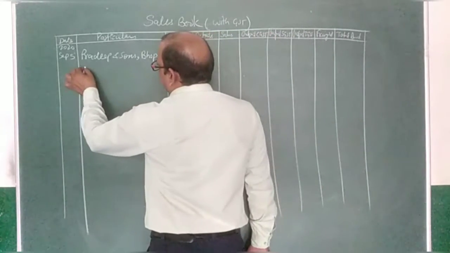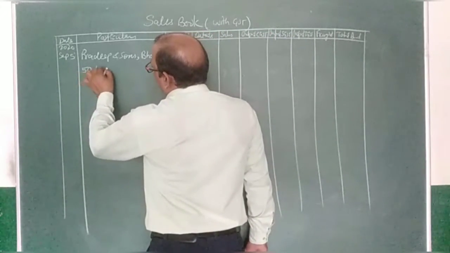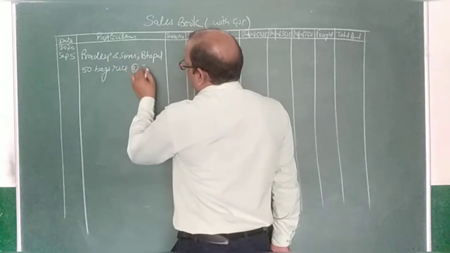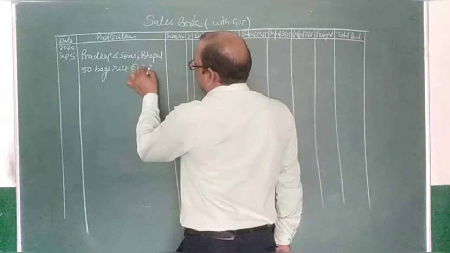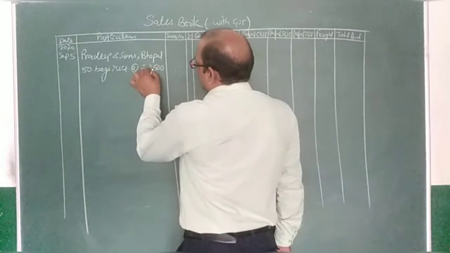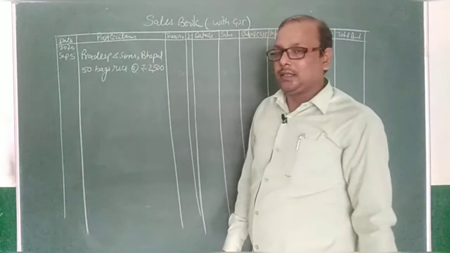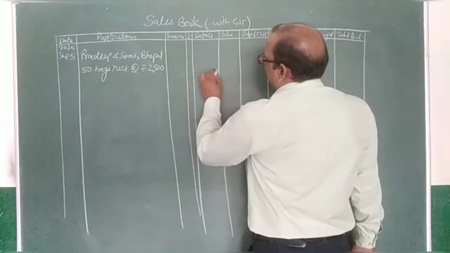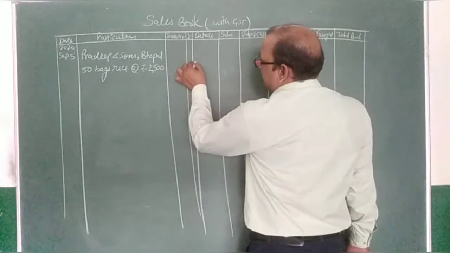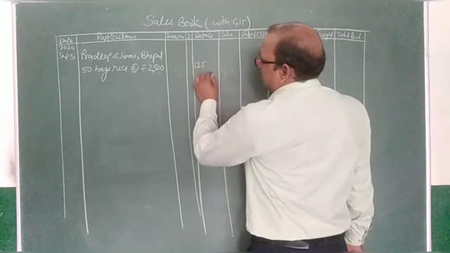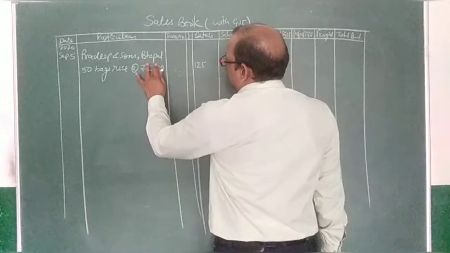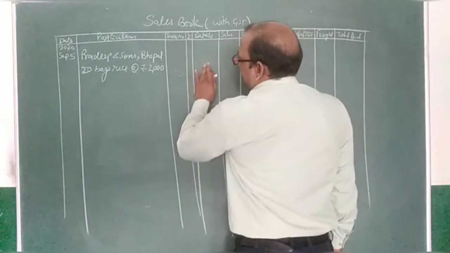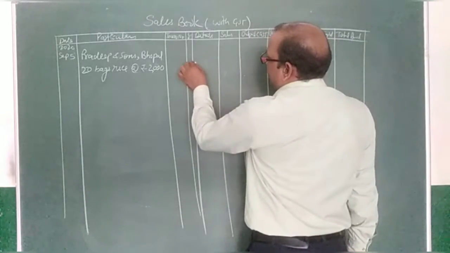So you have sold 20 bags of rice at the rate of rupees 2,000 per bag. So how much is it? 40,000.